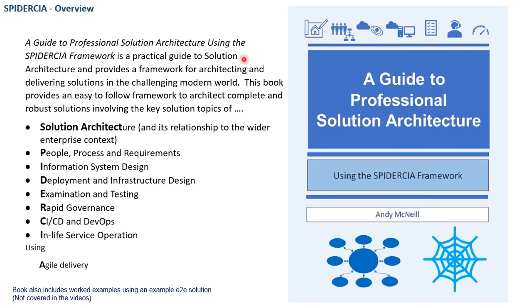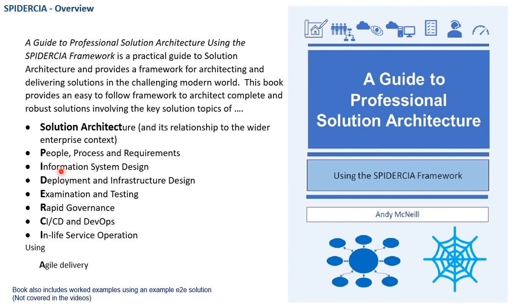So before I move on, a bit about the book. This is a book I wrote to provide guidance and my view of some best practice around the practice of solution architecture, and a framework that I've written to help with the practice of solution architecture called SPIDERCIA. So the book covers solution architecture itself, requirements into solution architecture, the people as in the stakeholders, the process, the business process, and the requirements, exceptions, and criteria which drive solutions.